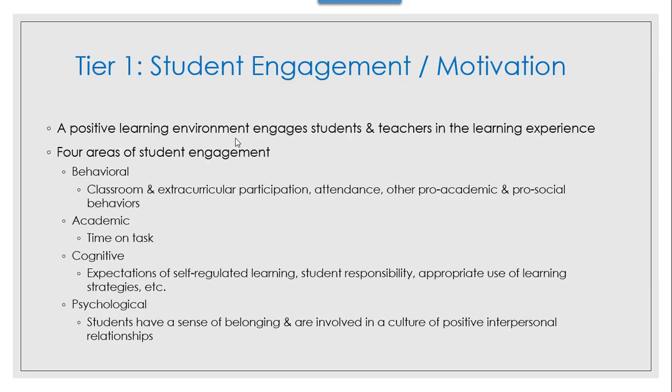So one other tier 1 thing that's really important has to do with student engagement, which is getting a kid involved. Sometimes kids won't do, and sometimes kids can't do. And that's a really big important thing for us to differentiate: won't do versus can't do.